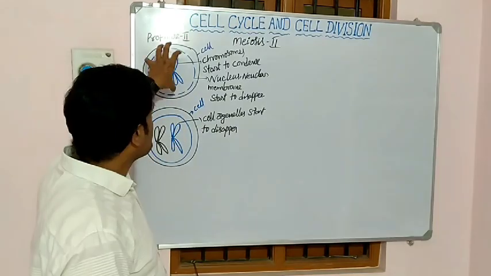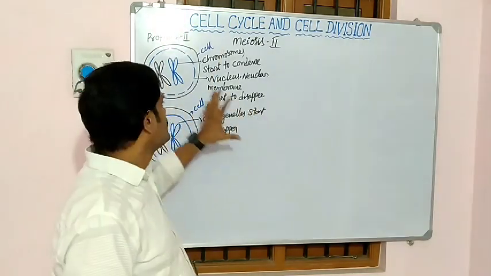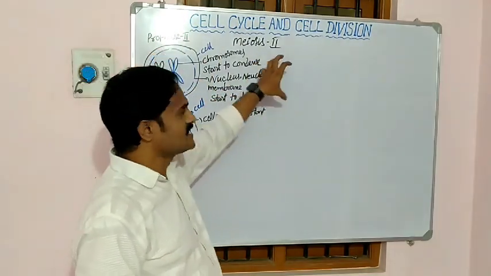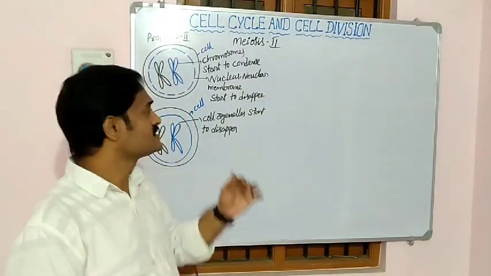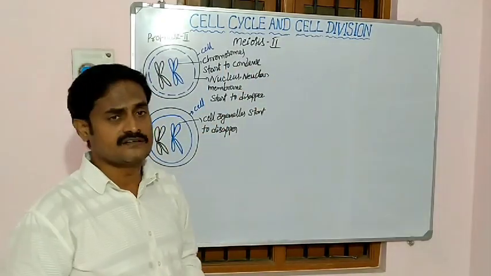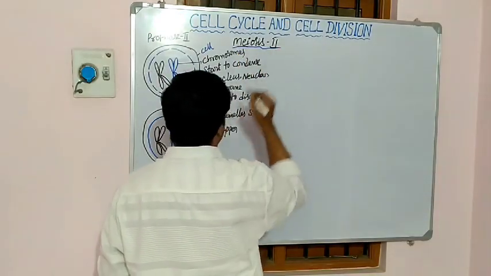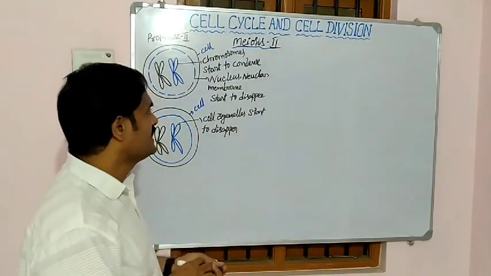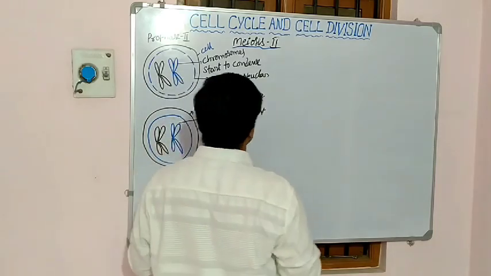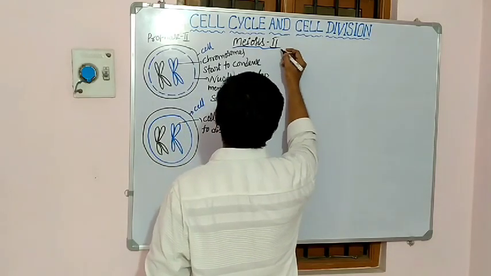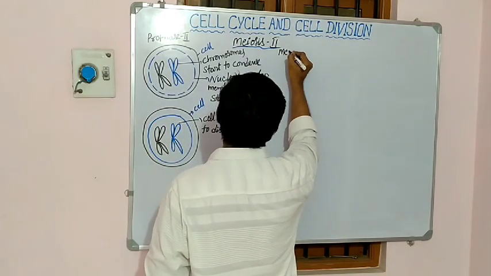Once the cell completes prophase 2, it enters the second stage of meiosis 2. What is the second stage of meiosis 2? That is called metaphase 2.